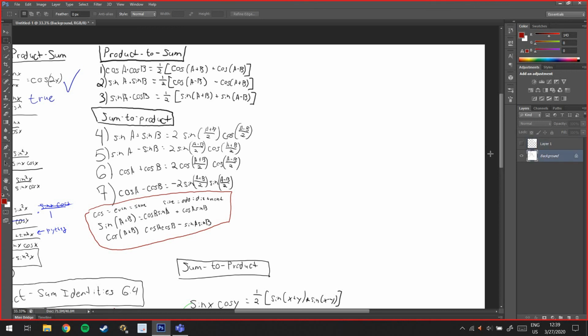So the last thing we're going to be doing is just a simple, well, it's not really simple, but it's identifying the forms. So it's a small identity. I think this is right.